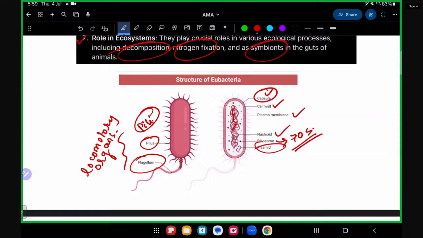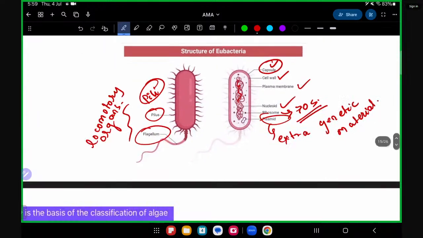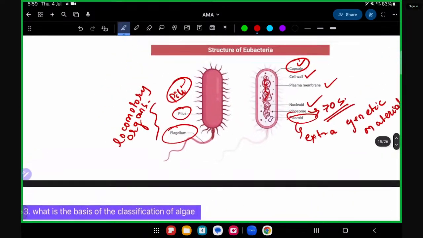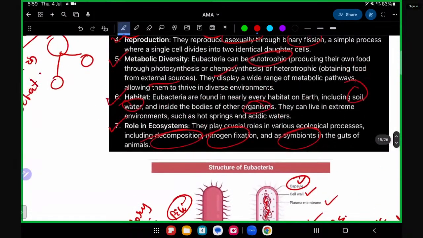Then it also contains plasmid. Okay. It is the extra genetic material. Okay. It is all about eubacteria.